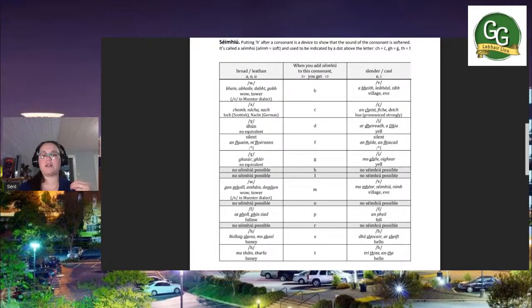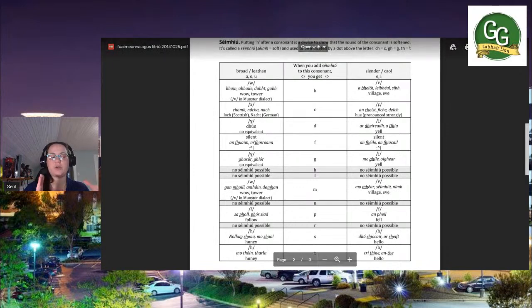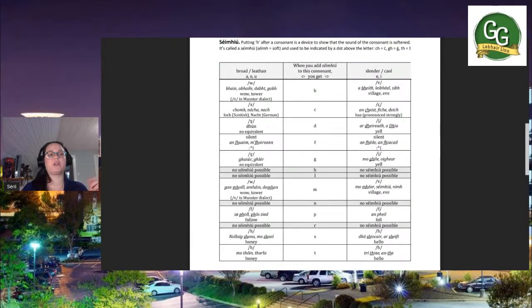For example, "fiche" means 20. So it'll be an H, and if it has anything after that sound, it's going to be an HY, kind of slide into that. So like "cistin", the kitchen, "cistin" becomes "histin".